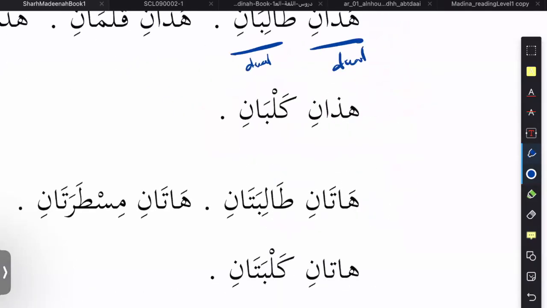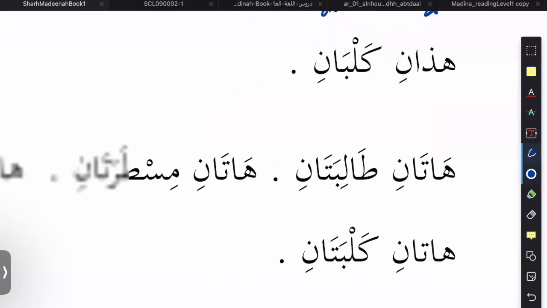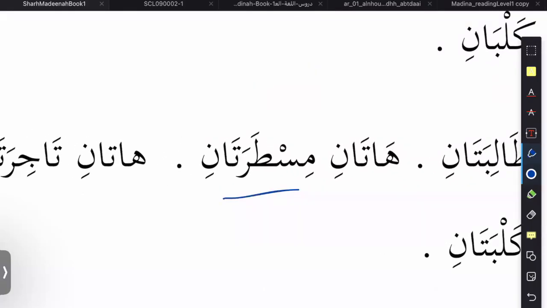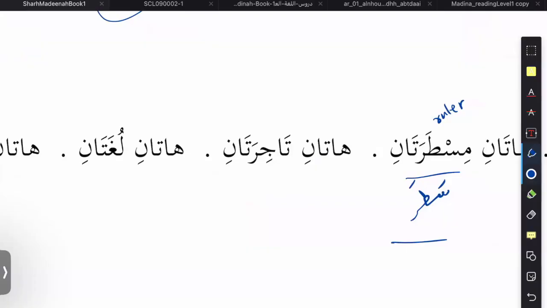Very, very simple things. And then with the feminine version, we say هاتان طالبتان هاتان مسطرتان. What is mistara? It comes from the word satar. Satar is a line on the surface, and mistara is a ruler. هاتان تاجراتان.